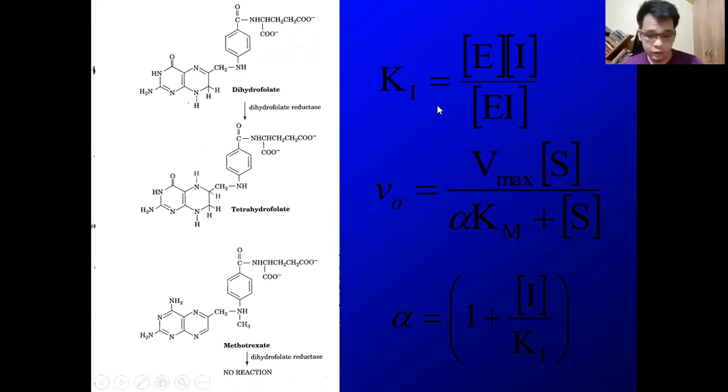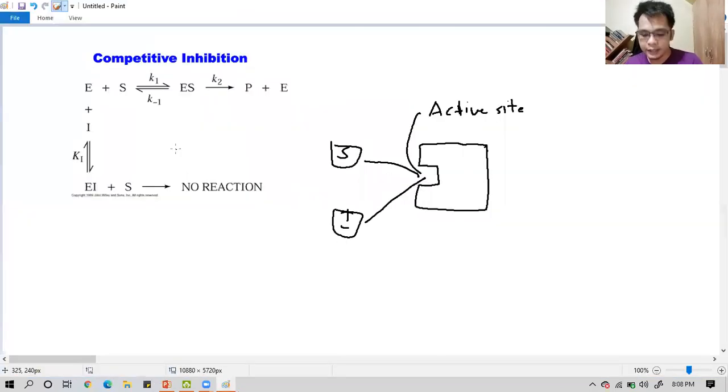So mapapansin niyo, mag-i-introduce tayo ng alpha doon sa ating Michaelis-Menten equation, by which the alpha is equals to 1 plus concentration of inhibitor all over Ki. Whereas the Ki is equals to the concentration of the enzyme. Okay, let's expand our equation here.